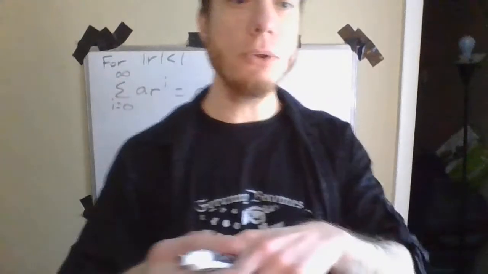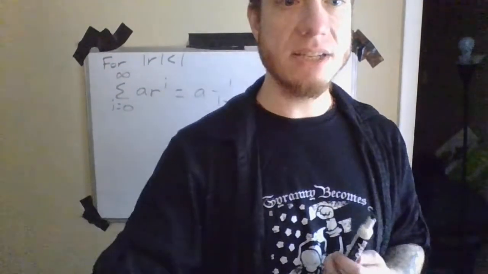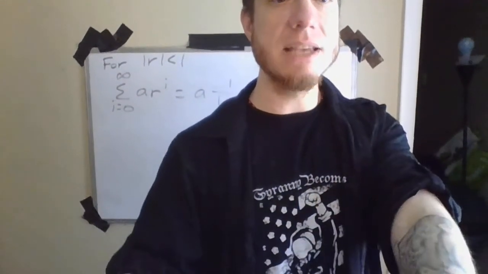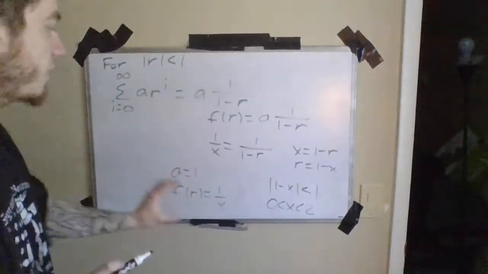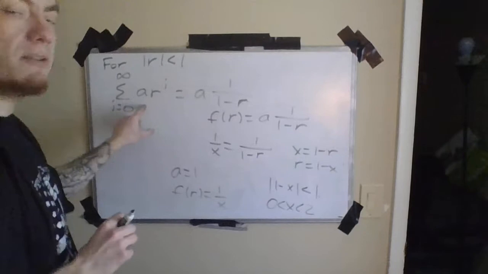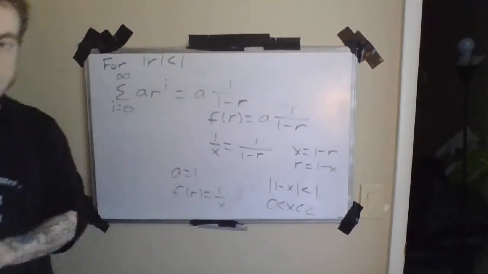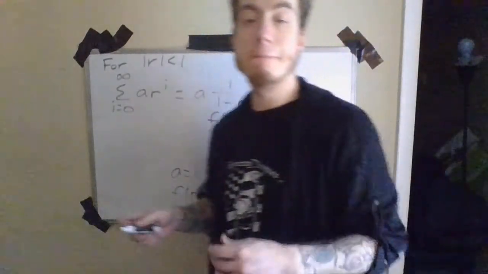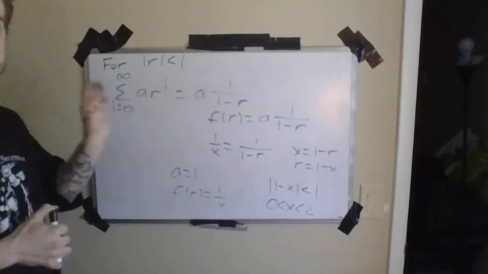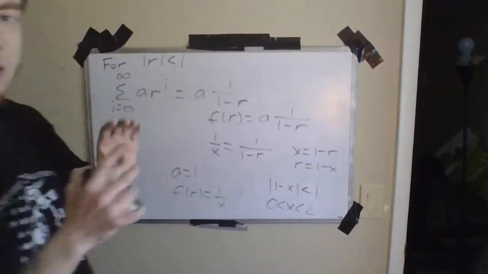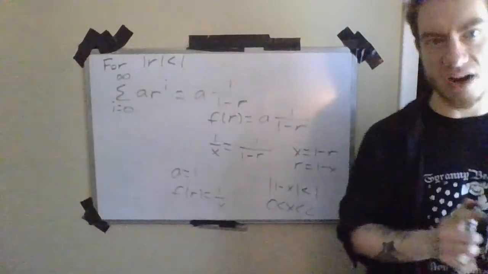And as a result of this, what we can say is that this function actually can be given a series representation. In other words, we have this closed form function, but this closed form function is equal to this series, at least for certain values of the variable.